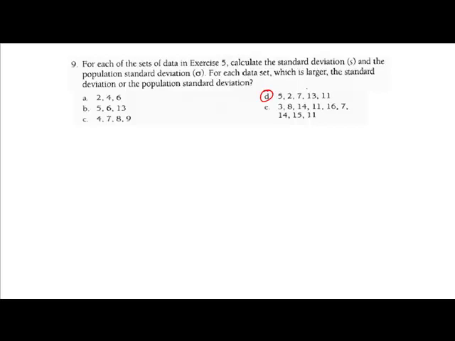Okay, so for the standard deviation, that's just the square root of the variance. Our standard deviation, again, we're going to use the easier equation. So I'll go ahead and just write that down.